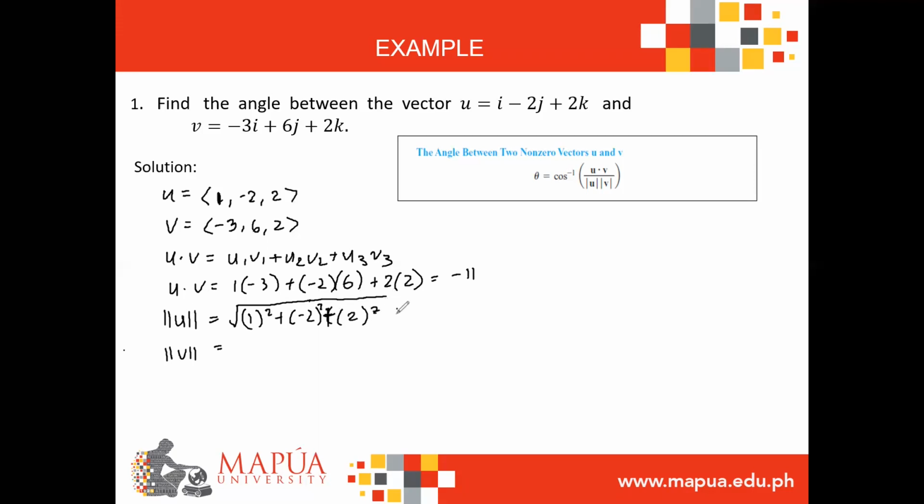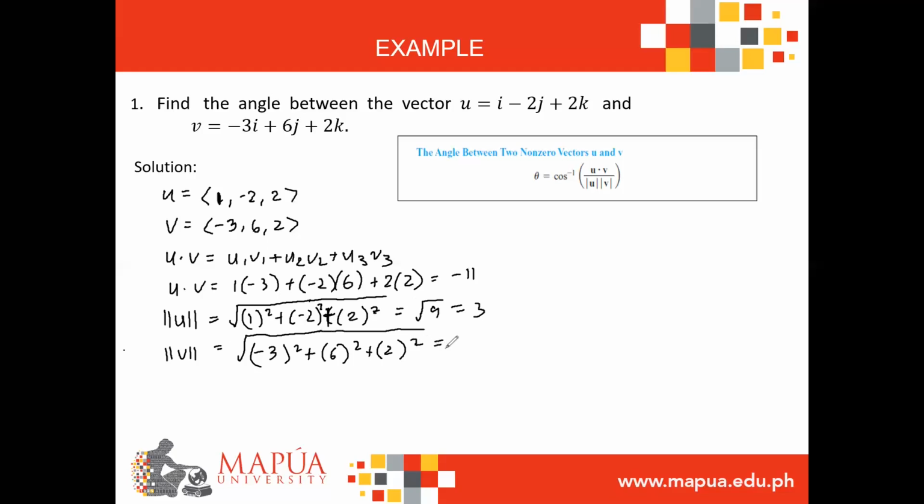So simplifying, we have 1 plus 4 plus 4, that's equal to square root of 9, or simply equal to 3. For magnitude of v, that is equal now to the square root of negative 3 squared plus quantity 6 squared plus quantity 2 squared.